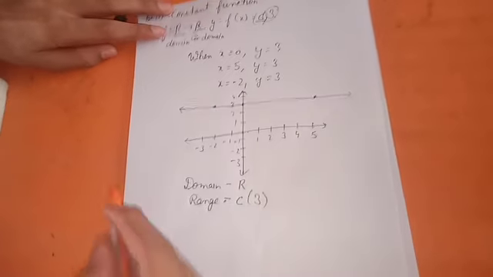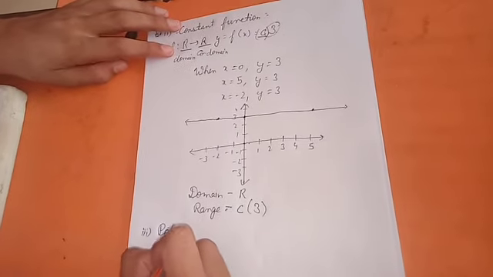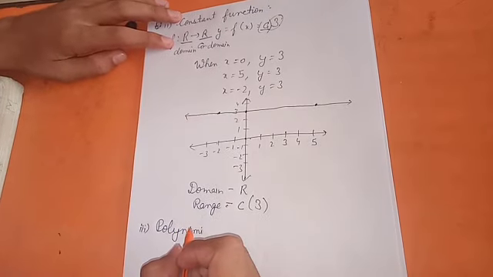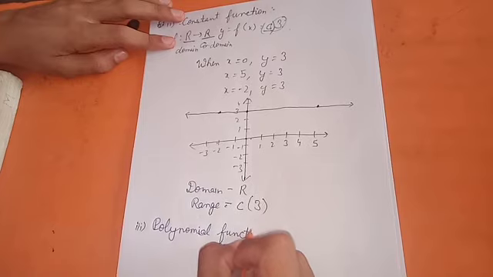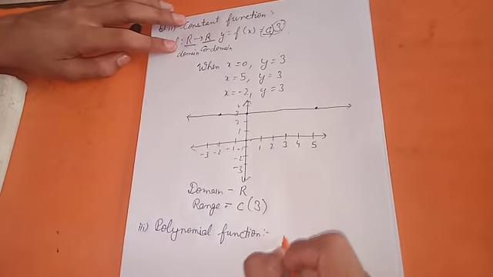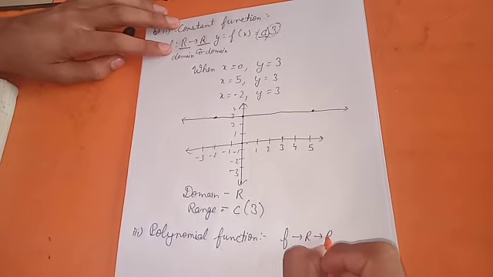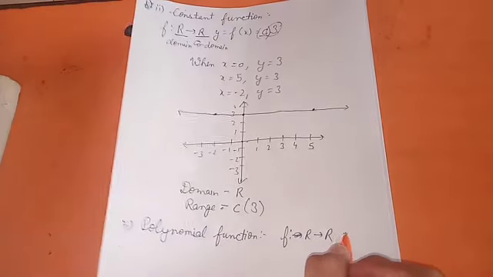Now third is polynomial function. Now this is a function from R to R. Okay.